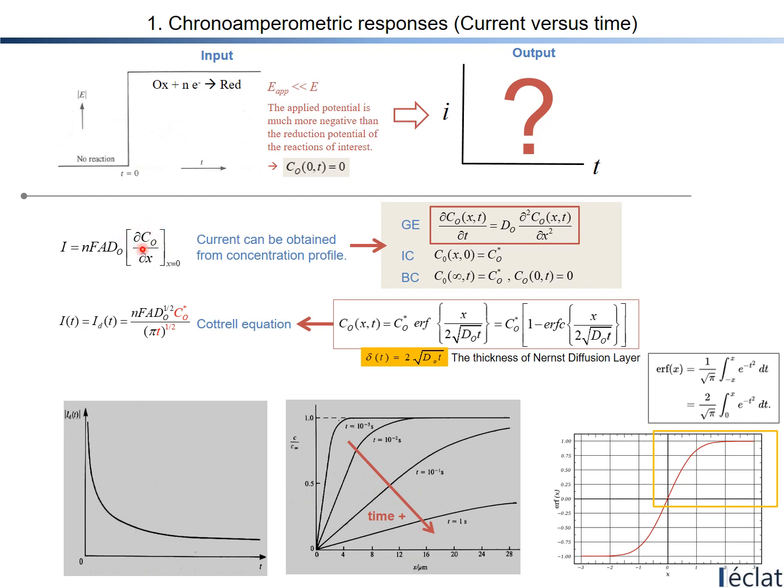The concentration profile could be obtained from Fick's second law, as I said before. Here is Fick's second law: dc/dt is equal to the diffusivity times the second derivative of the concentration with respect to x, or the distance from the electrode surface.